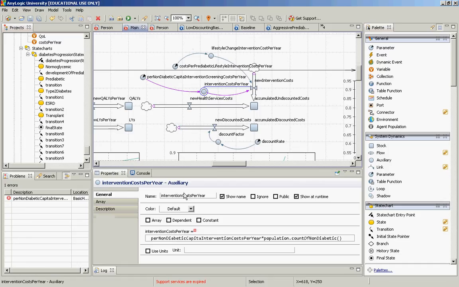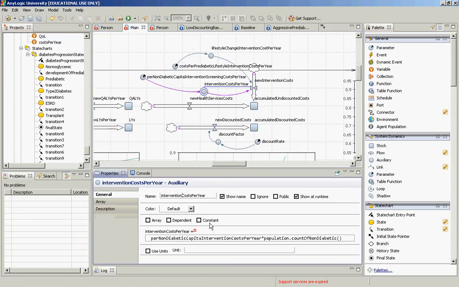That depends on this per non-diabetic capita intervention screening cost per year times the number of non-diabetics.